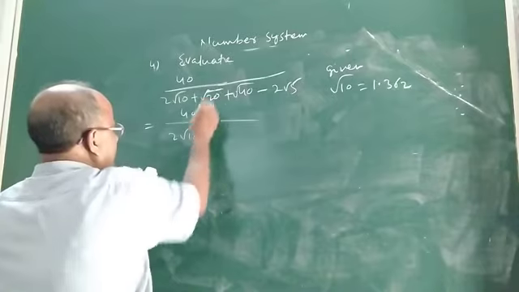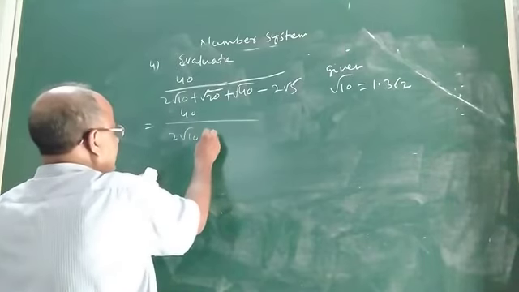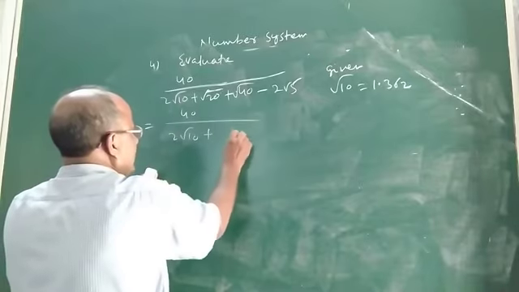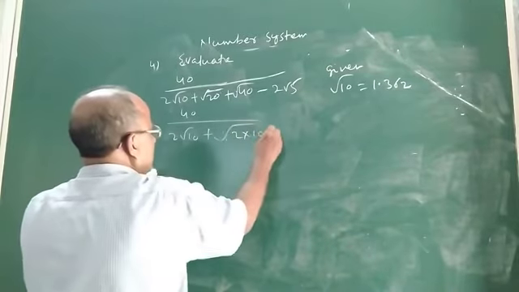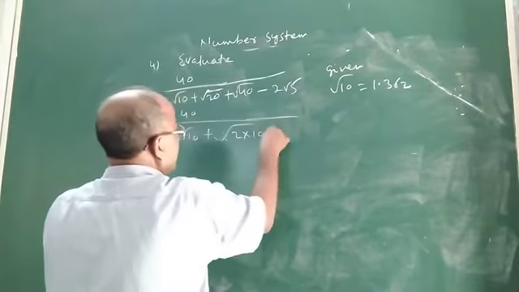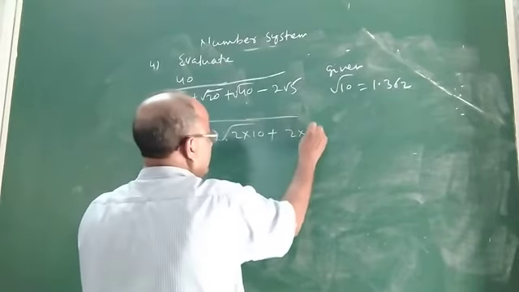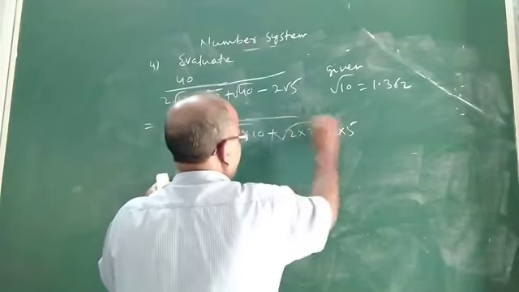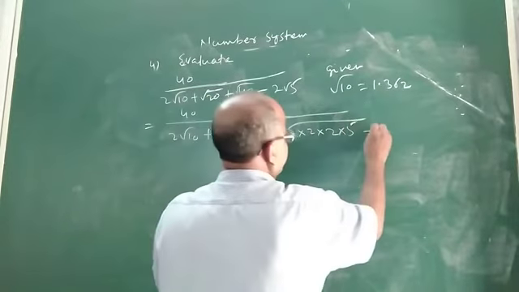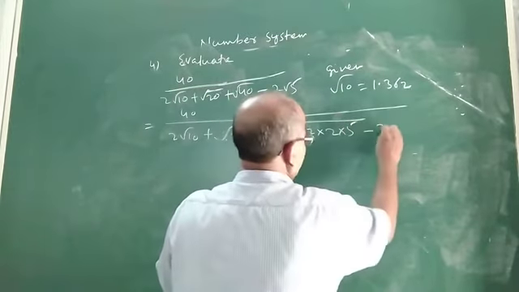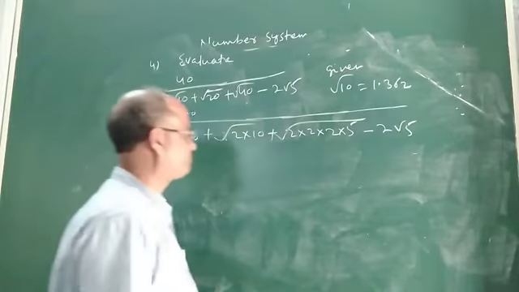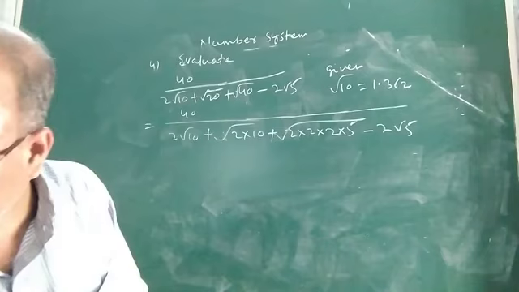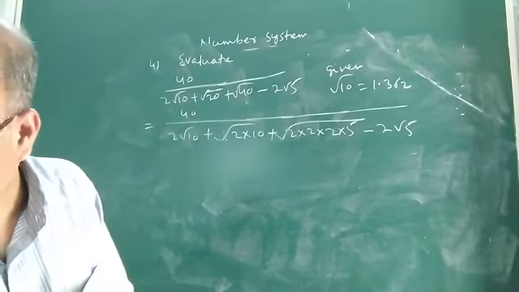Now root 20, plus root 2 into 10 square root, plus root 40 is 2 into 2 into 2 into 5 square root of 40, minus 2 root 5. See, now the value of root 10 we know. What is the value given?